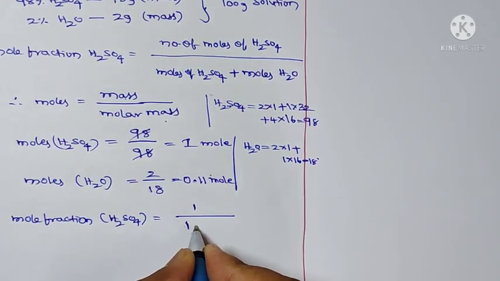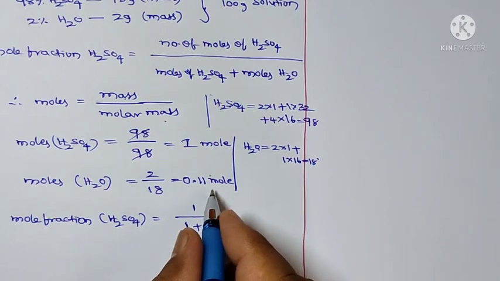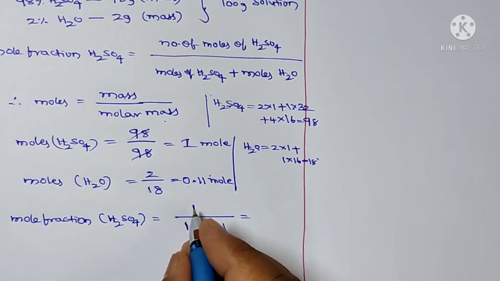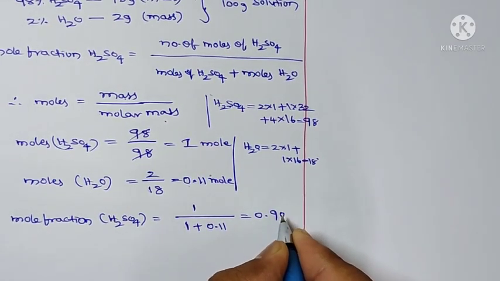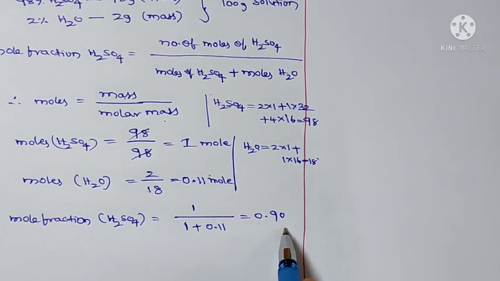Number of moles of H2SO4 1 plus number of moles of water 0.11 is equal to, if you do this calculation, we get 0.90. So the mole fraction of H2SO4 is 0.90.